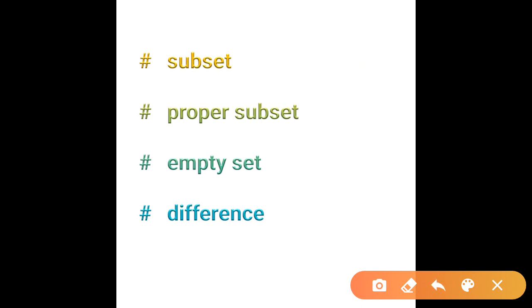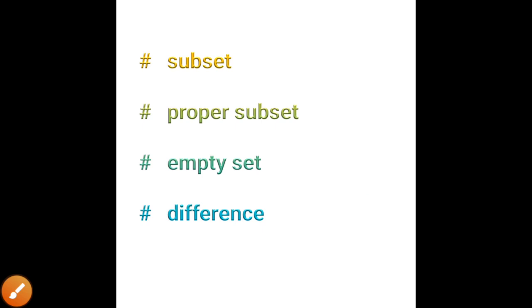So we have seen four symbols again: subset, proper subset, empty set and difference, right ma? A subset means the set of which all elements are contained in another set.